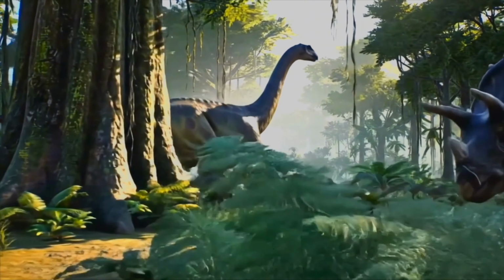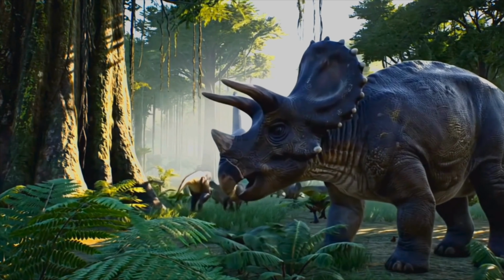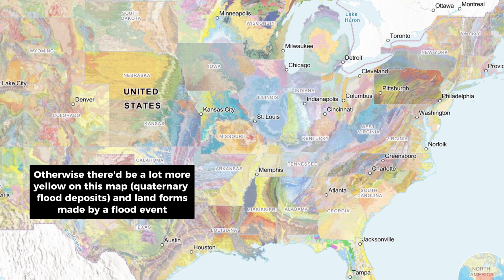I've run the math, and the impactor would have had to have been as large as the impactor that resulted in the demise of the dinosaurs. What do you think would have happened to the ice sheet if something that large hit it? It would have carried an immense amount of energy, which would have melted the ice, and we don't see catastrophic, large-scale flood events on North America that support that hypothesis.